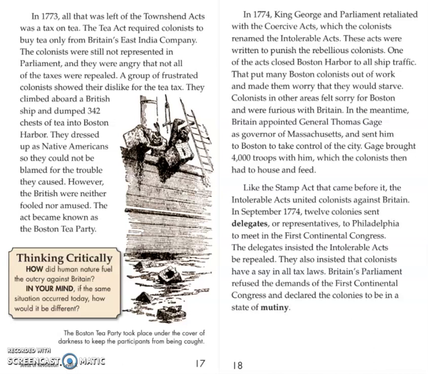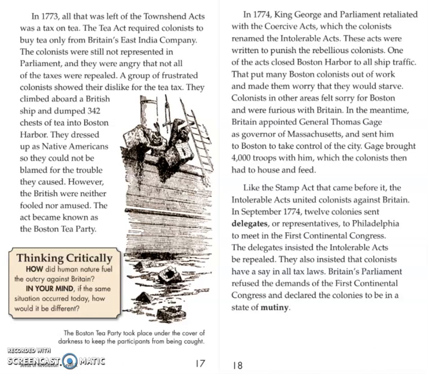Like the Stamp Act that came before it, the Intolerable Acts united colonists against Britain. In September 1774, 12 colonies sent delegates, or representatives, to Philadelphia to meet in the First Continental Congress. The delegates insisted the Intolerable Acts be repealed. They also insisted that colonists have a say in all tax laws.